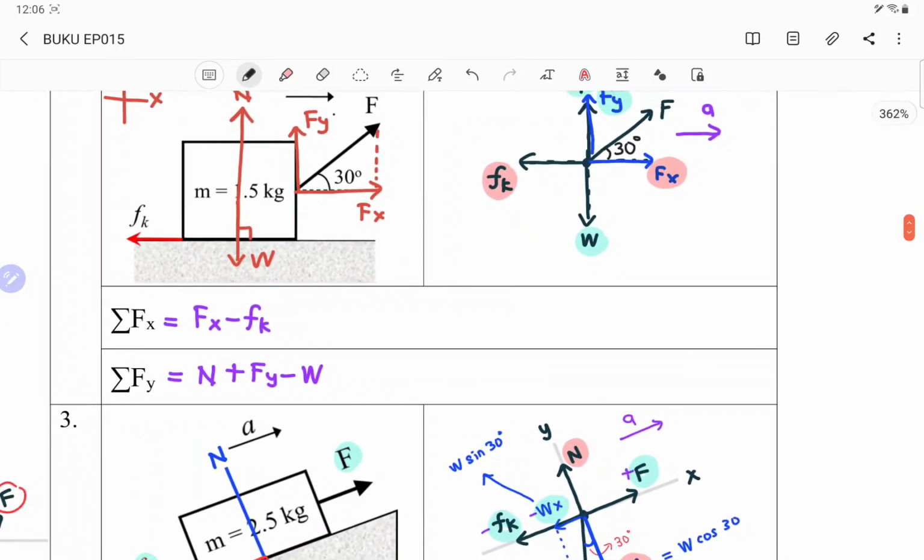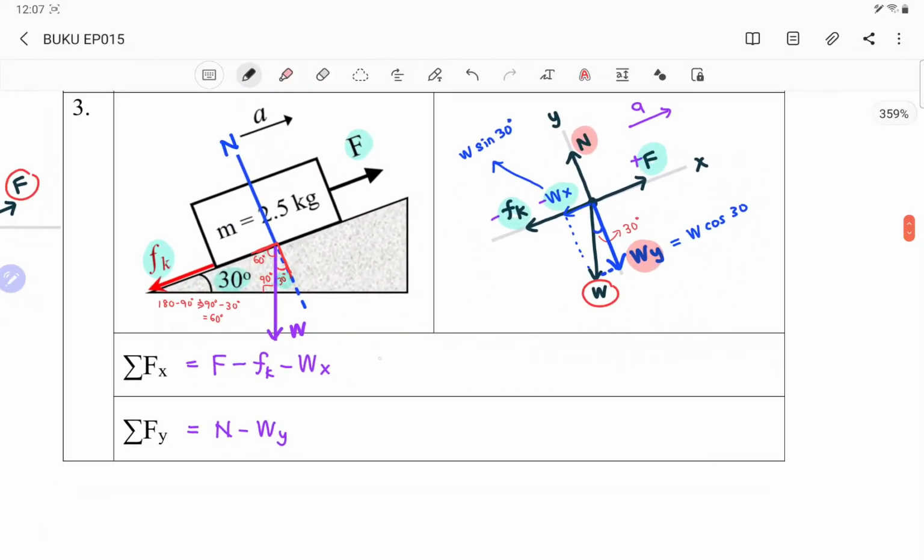Okay, so for number 2 earlier, because we have Fx, later in the calculation we expand Fx. So it becomes F cos 30 minus Fk for this one, and for Fy, plus F sin 30 minus W. For number 3, F minus Fk minus Wx, where Wx is W sin 30, equals; for the Y component, N minus W cos 30.